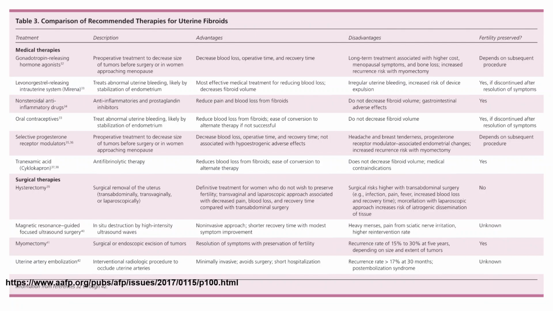Among the surgical therapies, with hysterectomy the adverse effect is that once you have removed the uterus, there will be no more pregnancy, and it can also result in later complications.